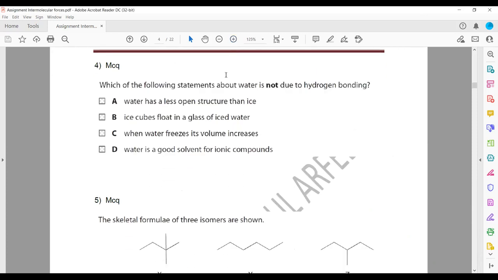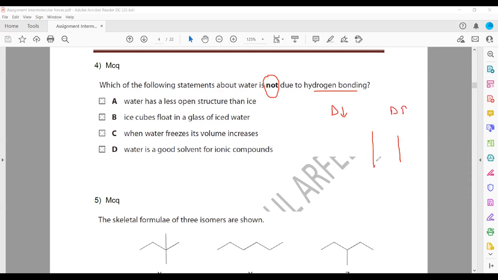Another question: which of the following statements about water is not due to hydrogen bonding? So when we check, water has a less open structure than ice. That is true, because the density of ice is smaller compared to the density of water.